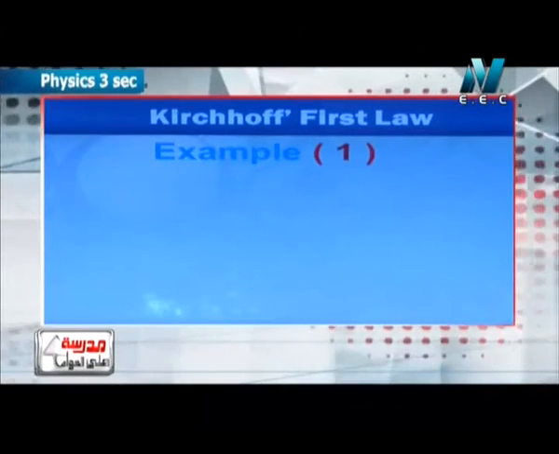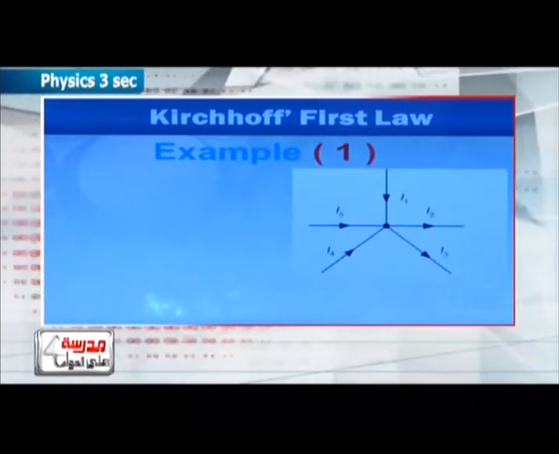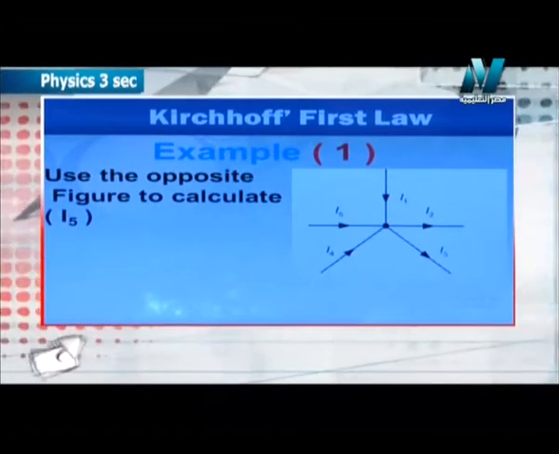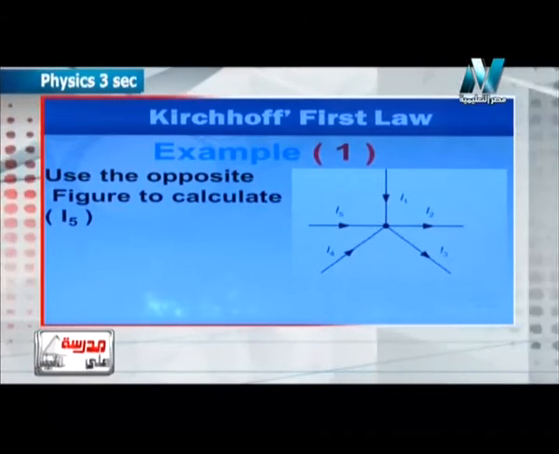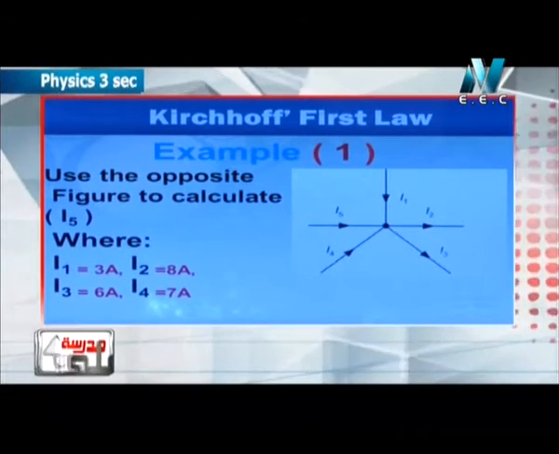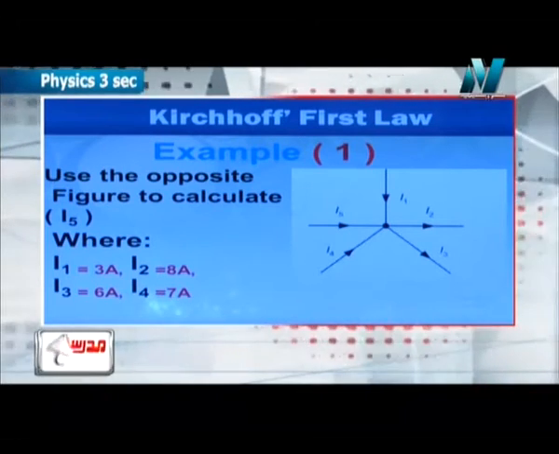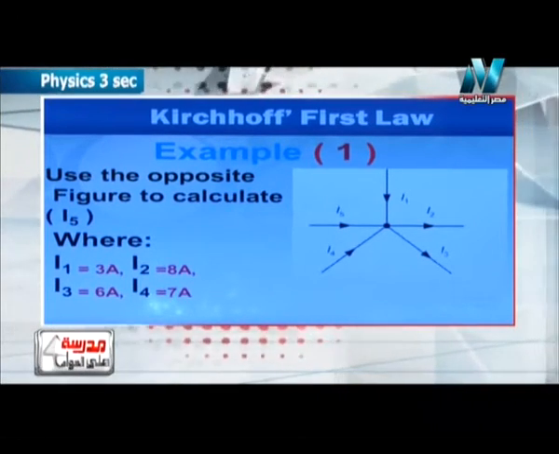Example. Use the opposite figure to calculate I5, where he gave you the values of I1, I2, I3, and I4. Okay, let's start. Example 1.